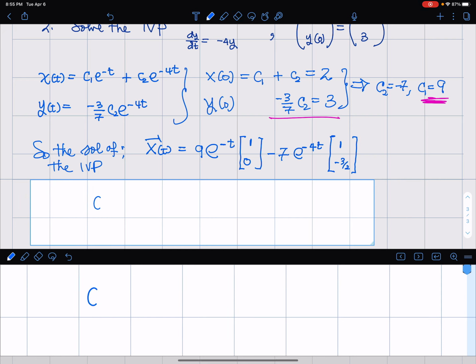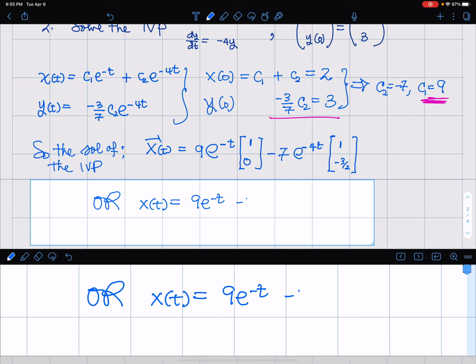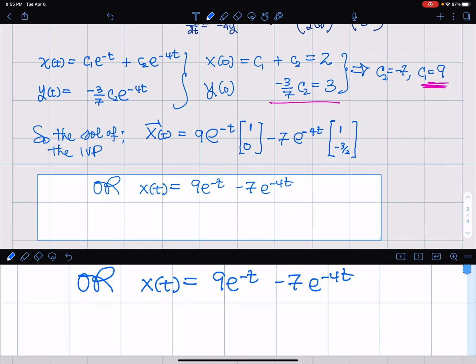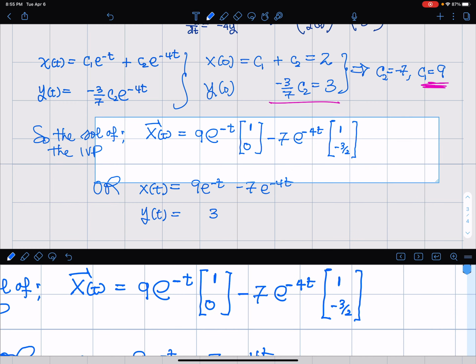Or how about this? We can also write it as x of t is equal to 9e to the negative t minus 7e to the negative 4t, and y of t is equal to 3 over 7.